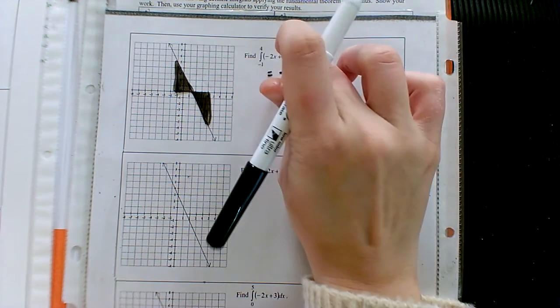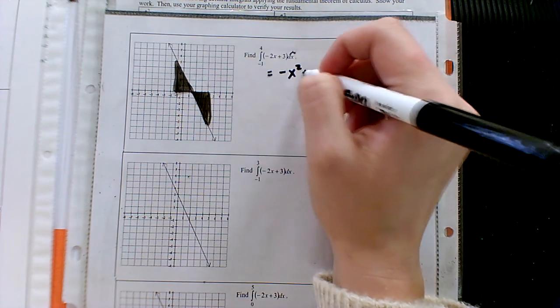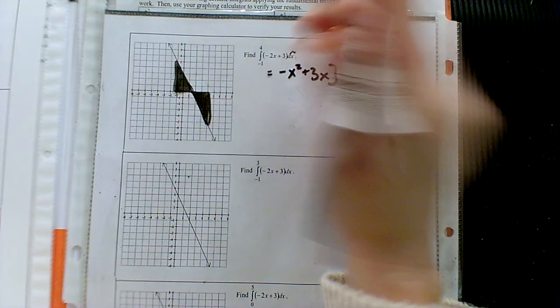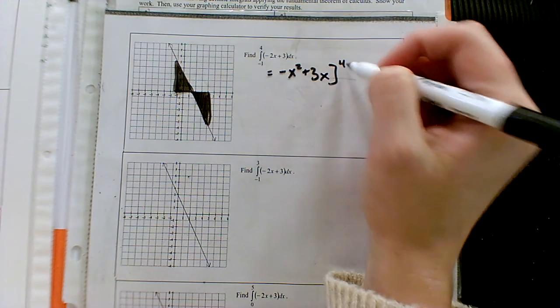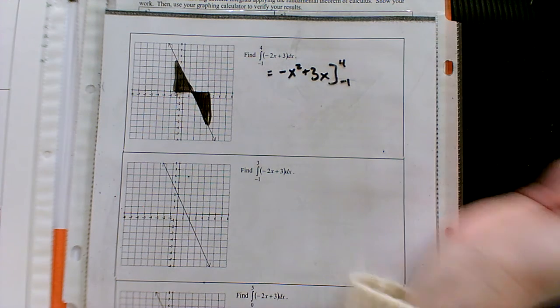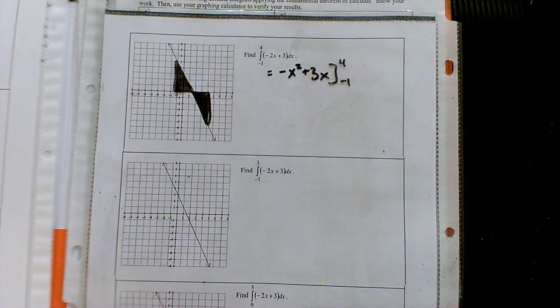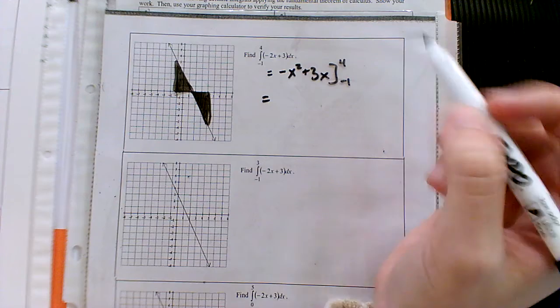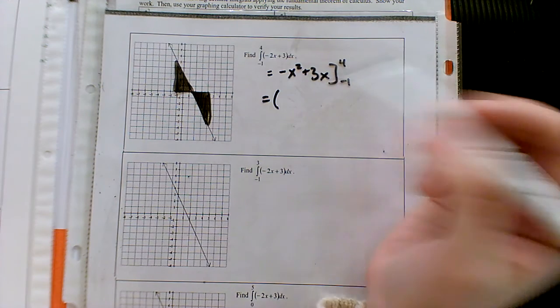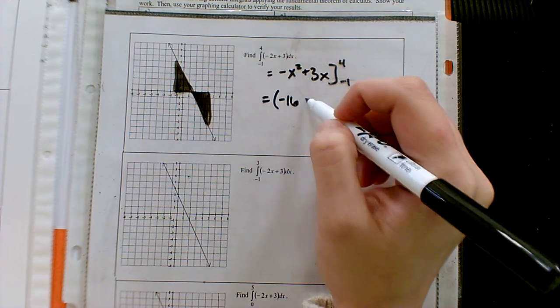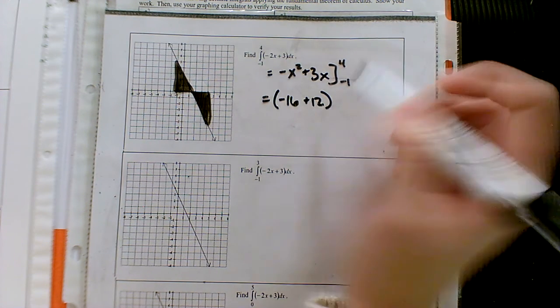We're going to work backwards. Okay, antiderivative. Throw in the bracket, top bound 4, bottom bound negative 1. Don't worry about the plus C because we know the bounds. If we plug in the top bound first, we'll have negative 16 plus 12.